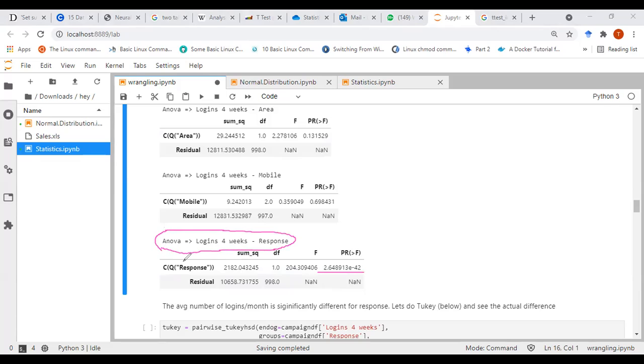Again, 4 weeks has different. It means that something is going on. So there is a significant difference between the number of logins in 1 month of those people who responded yes or no.